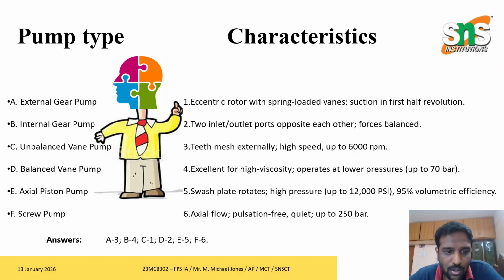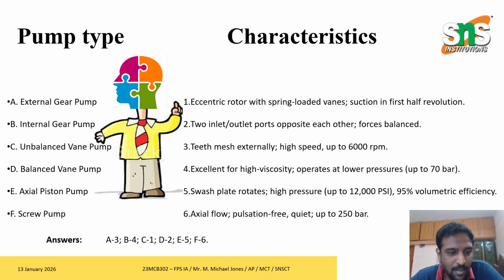In this slide we have the pump types and characteristics. It is summarized here, rearranged in a quiz manner, and you can see the answers also. Let us try to match all the characteristics of the basic pumps. The external gear pump operates at high speeds. The internal gear pump is suitable for high viscosity fluid at moderate pressures.